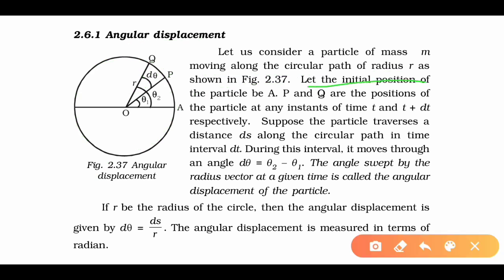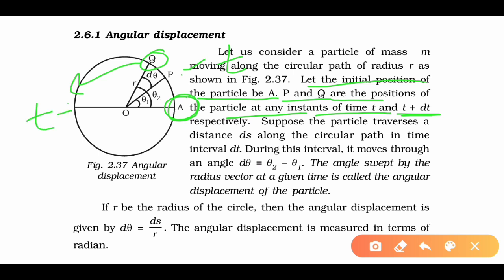Let the initial position of particle be at point A. Initially, the particle is at the point A. P and Q are the positions of the particles at any instant of time t and t plus dt, okay. The P position is at particular time t, and this Q position is at time t plus dt, respectively.